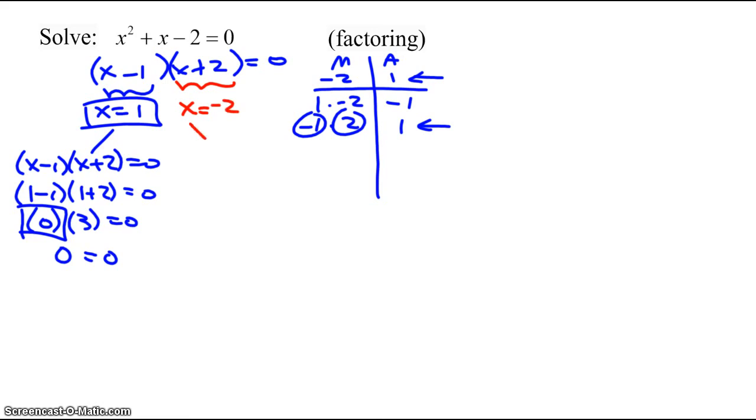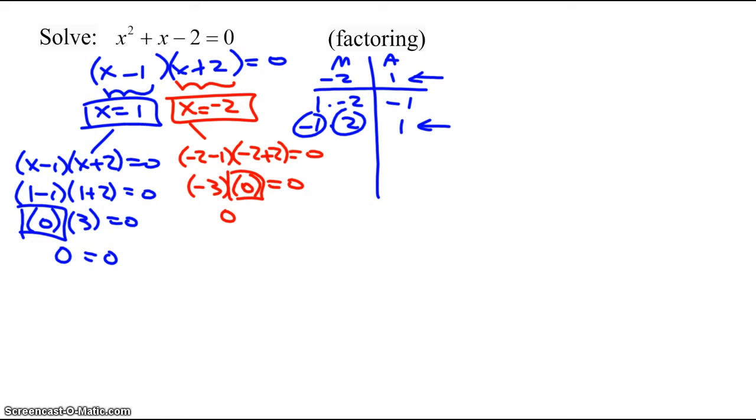Let's check that, right? If I plug -2 into the entire equation, I'll have -2 minus 1 for the left factor, -2 plus 2 for the right factor, and so that'll give me -3 times 0, but the whole left side is 0 because this time this factor is 0. So there's two solutions, x is 1 and x is -2.